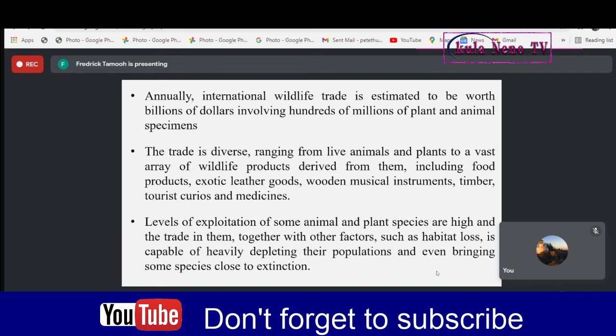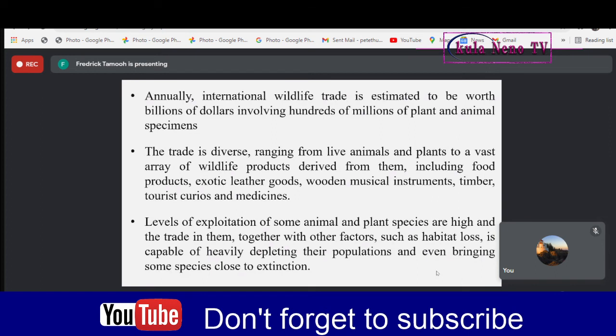The level of exploitation of some animals and plants is very high, and the trade in them together with other factors such as habitat loss is capable of heavily depleting them. If they're bringing in cash, people out there will make money by all means.